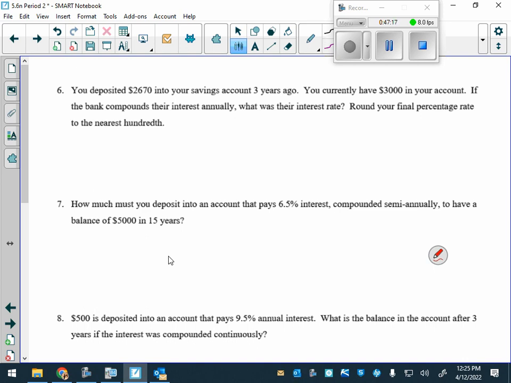Gavin, what formula are we using? Okay, so compound interest. Sam, pick a card. Okay. Finn, what are we solving for? Interest rate.